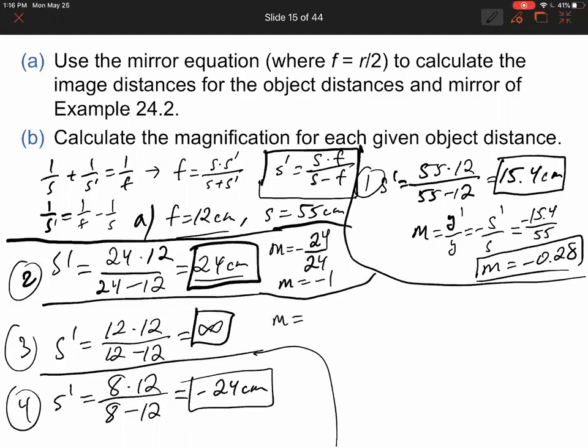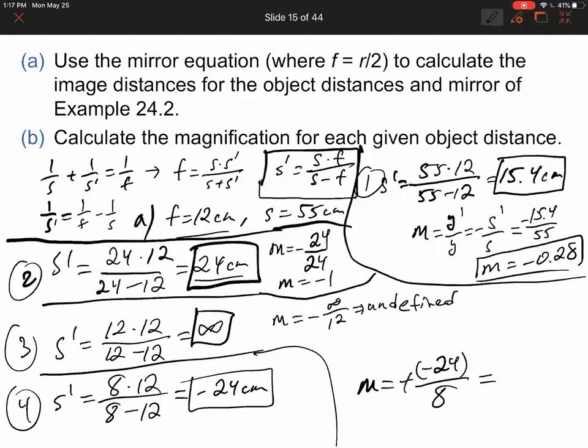Well, m is equal to negative infinity over 12. Well, that's basically undefined. So the last one, the magnification equals negative, then negative 24 over 8.